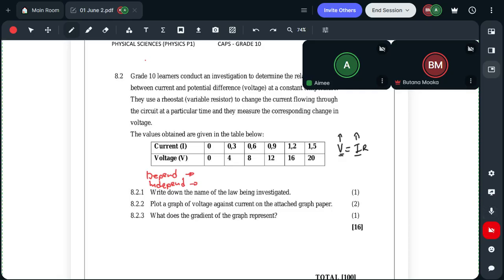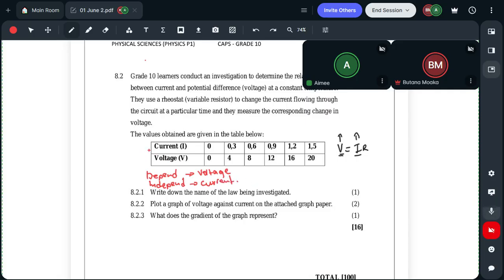Okay, so on the x-axis, we're going to put the independent variable and the y-axis is going to be the dependent. So the dependent here is the one that goes on the y-axis. When I look at what you are given here, the dependent is going to be your voltage, because the voltage depends on the current, and the current will be your independent.